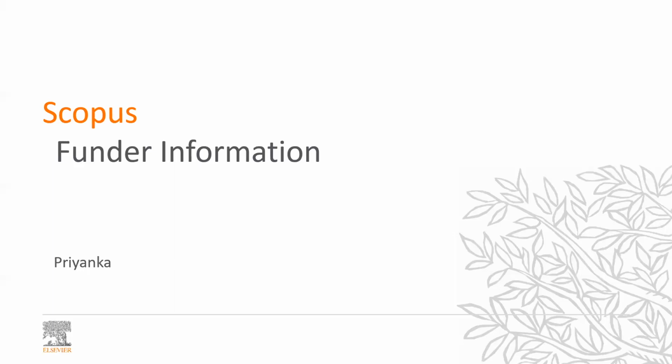So before I move to the funder information, there is a question in the chat, which says, do you have research materials on Action 13, climate action, in Scopus? So I assume what this question means is, do we have information on goal number 13? And I'm very happy to say that we have information on all 17 of the goals.